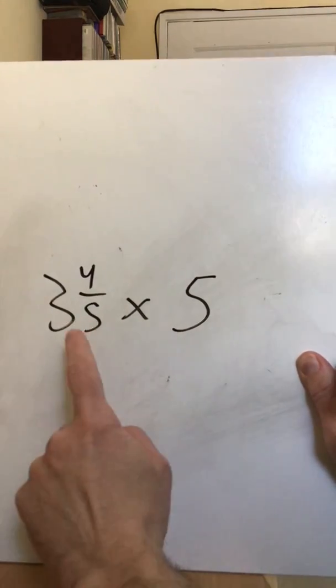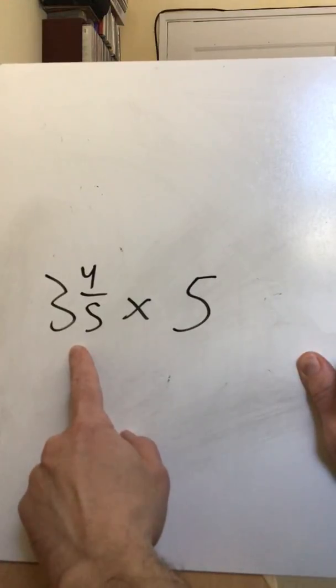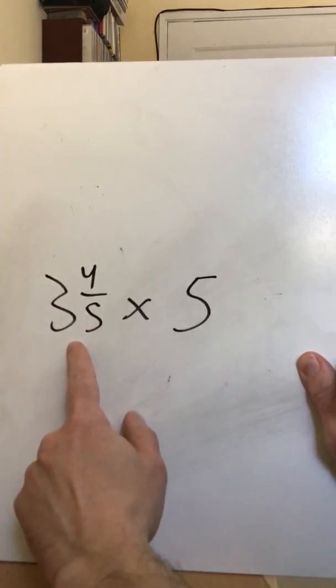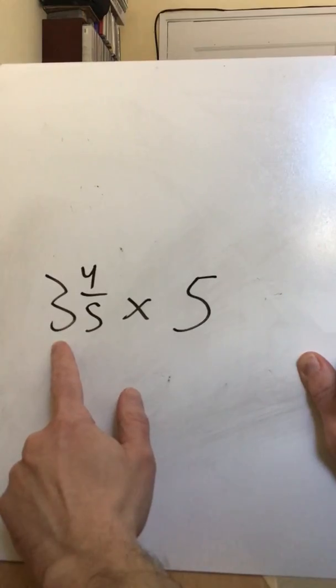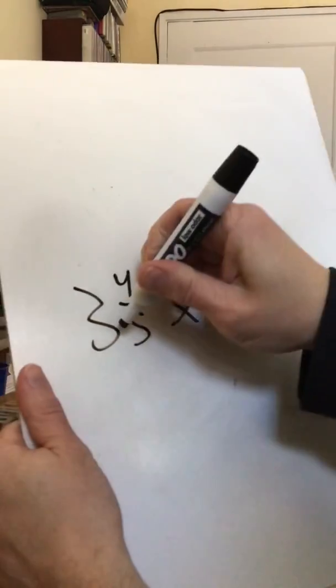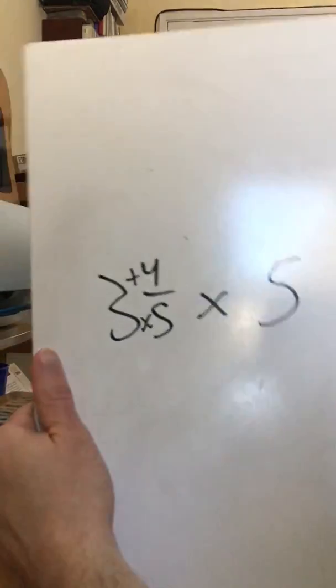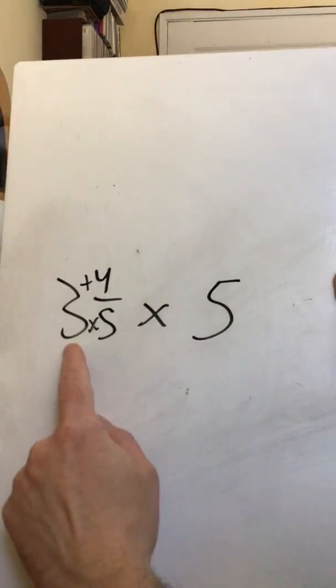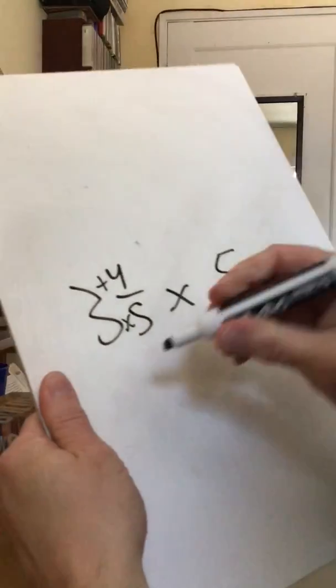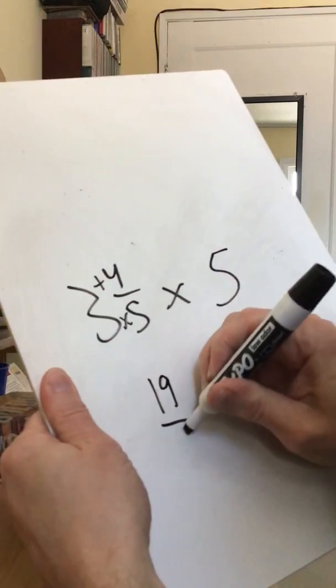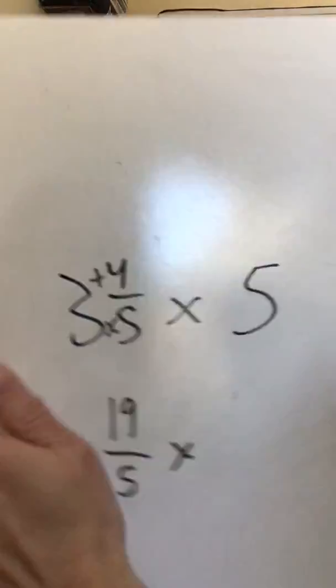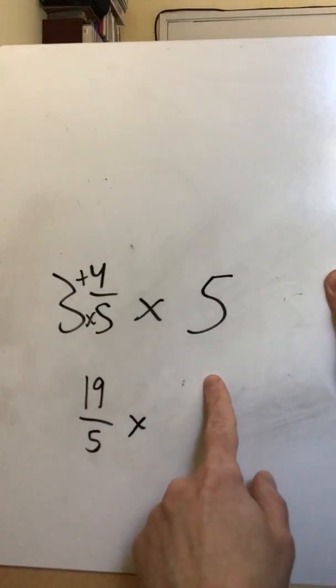So what's the process again for converting this? That's right, you take the denominator times the whole number, and then you add the numerator. So if we go times and plus, we get 5 times 3 is 15, plus 4 is 19, so that gives me 19 fifths.